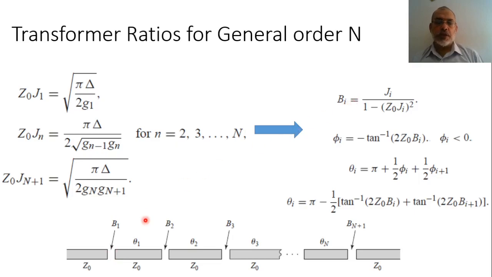This value actually determines the spacing between the transmission line sections. And from Bi, we can obtain the required phase shift phi i, and from phi i, we can obtain the electrical length of each resonator theta i. So this actually is the plan of the solution for the case of designing a capacitively coupled resonator filter.